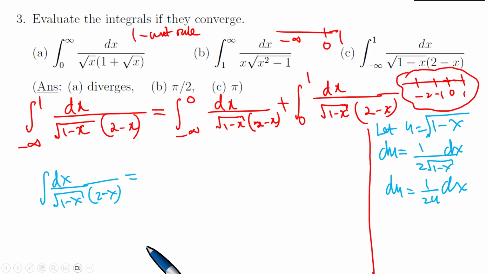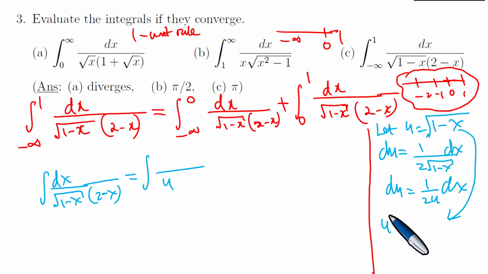Okay. To deal with this integral, then we're going to have exactly the u here. And then you have the 2 minus x. Okay. What is 2 minus x? You square both sides from this point, getting u squared is 1 minus x, meaning x is 1 minus u squared.